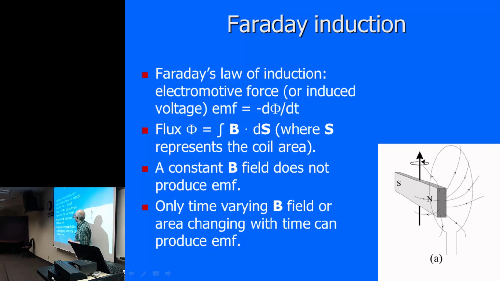But I do have that flux. By definition, the flux just means the amount of B field through this area defined by the loop. In terms of the equation, it's just the integral of the B field, and then you have to do an inner product with the normal component of the surface.